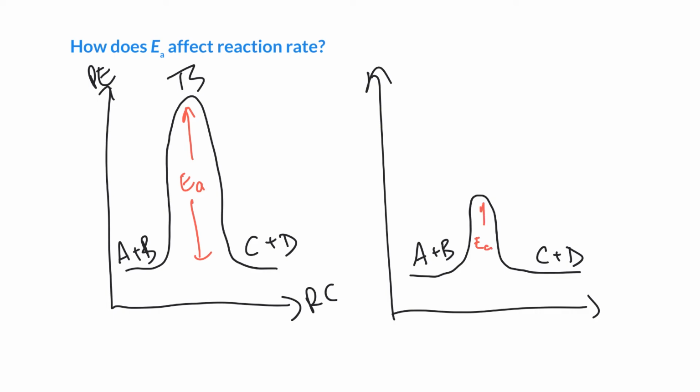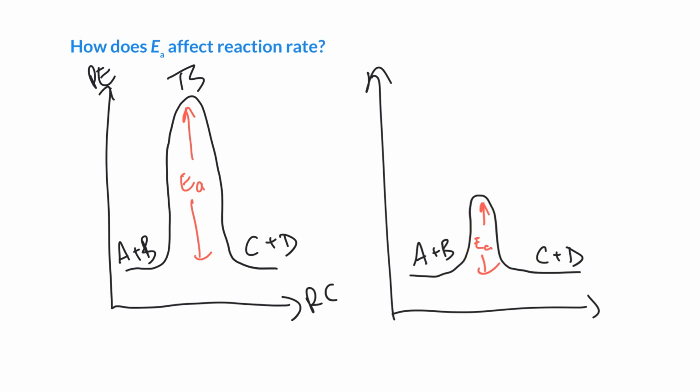And how would this affect the reaction? Well, think of this as, how would this affect the ball you throw over the hill? If the hill is really steep, you've got to throw it extremely hard before it can roll over. But if the height of the hill is very small, it's really easy to roll it over to the other side. Think of the difference between rolling a ball over Mount Everest and rolling the ball over a molehill.